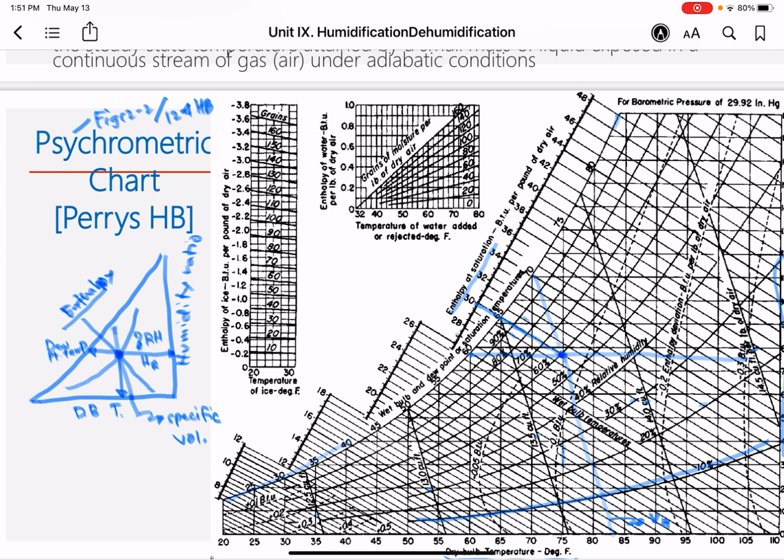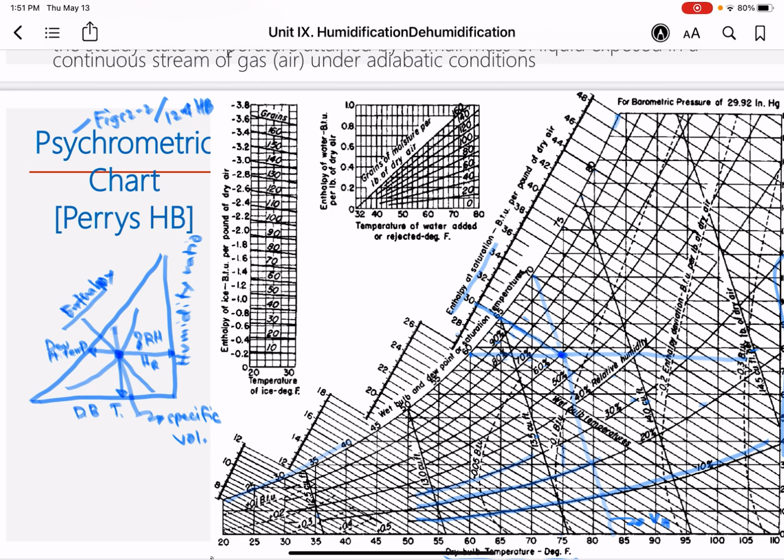Take note that these relative humidity lines here, the RH lines, are 90, 80, 70, 60, 50, all of this. Ito yung mga lines na to. This is your relative humidity. These curves extend from the lower left to the upper right of the psychrometric chart.